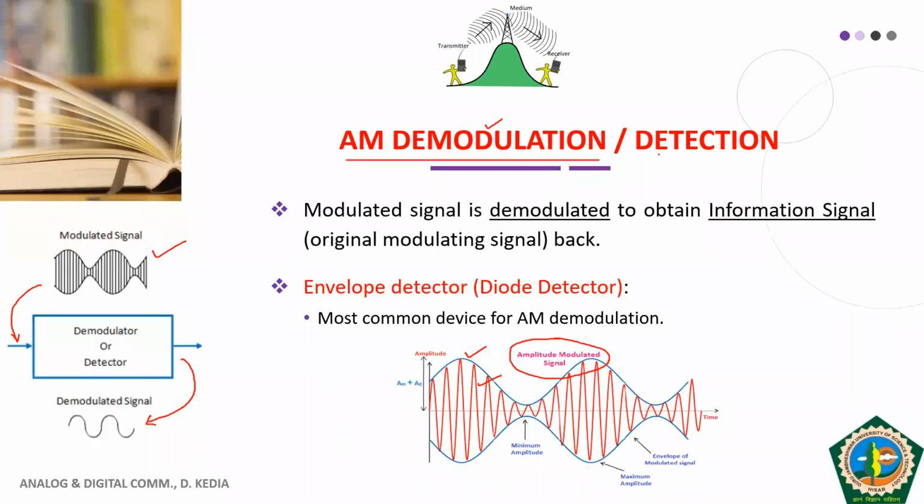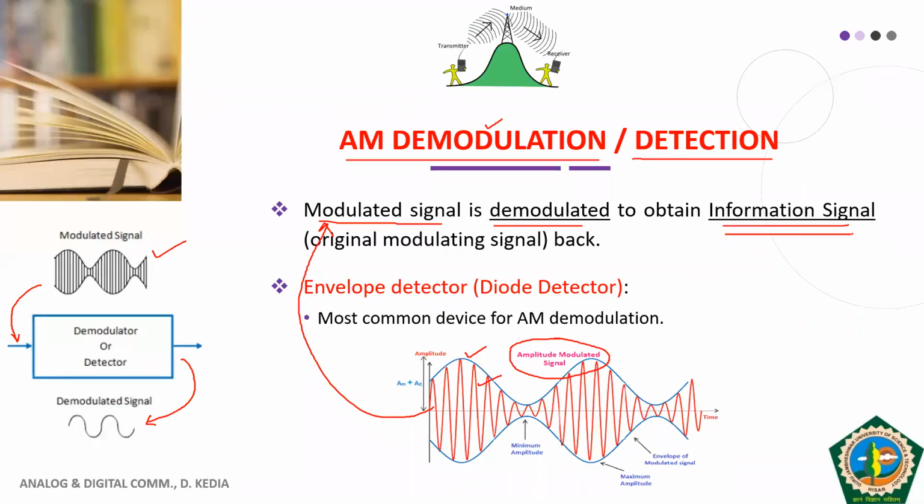Students, another name for demodulation is detection. So we are going to discuss either AM demodulation or AM detection, meaning we are going to do the reverse process of what we talked about in the previous few classes. This modulated signal is demodulated or detected to get back the original information signal.